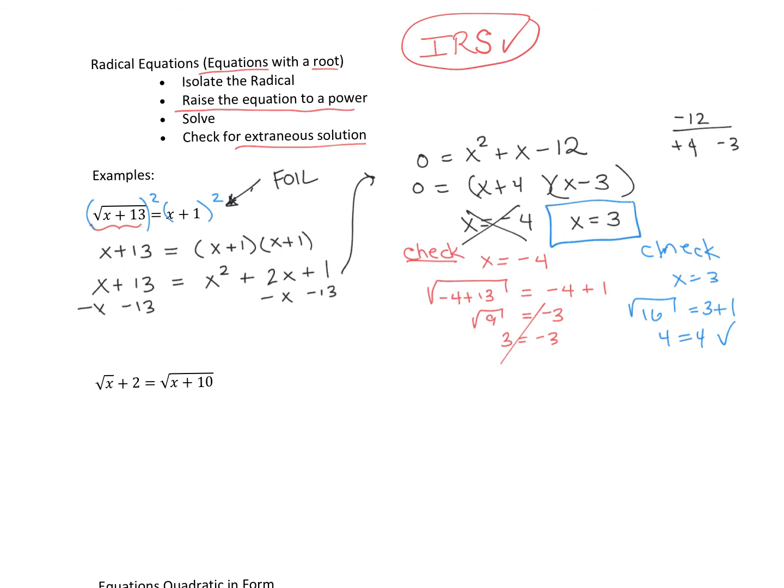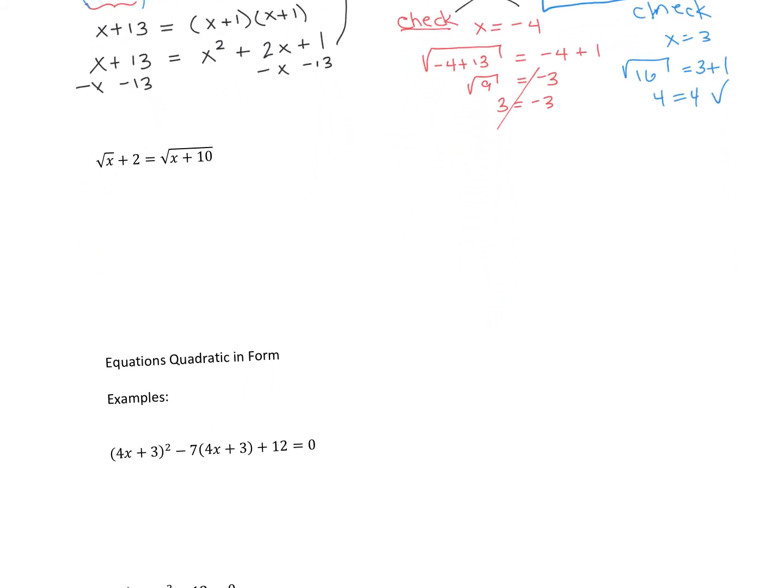Isolate, raise, solve, and check, as is the case with our extraneous solutions in our radical or rational equations, we have to check and make sure that these are not extraneous. So let's do that again. This example is a little bit more complicated because I have two radicals.